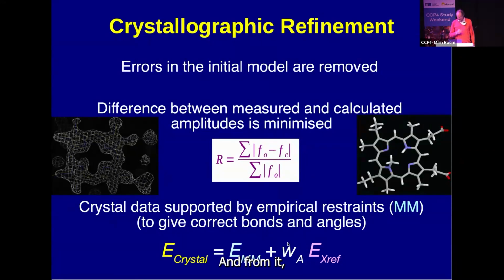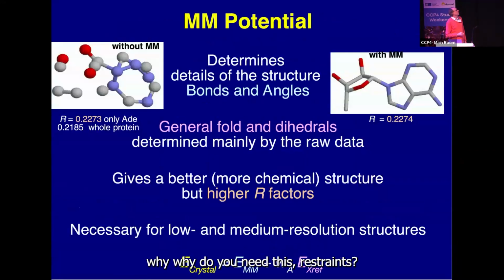Why do you need these restraints? That's because for low and medium resolution structures, you don't have enough information to tell you where to put the atoms exactly. So to get the right bond lengths and right angles, you need this empirical potential. If you have a bad structure, it could look something like this without the empirical potential.